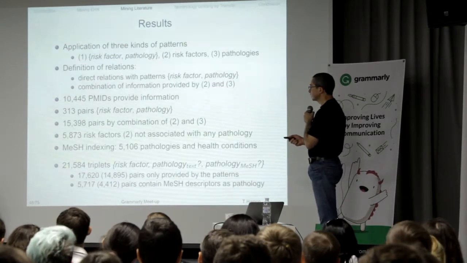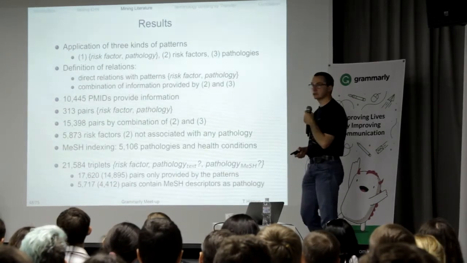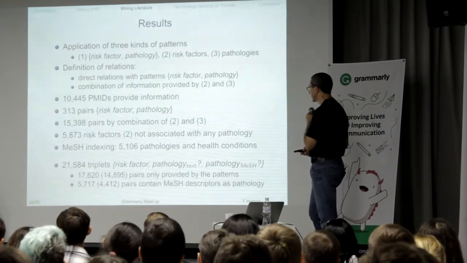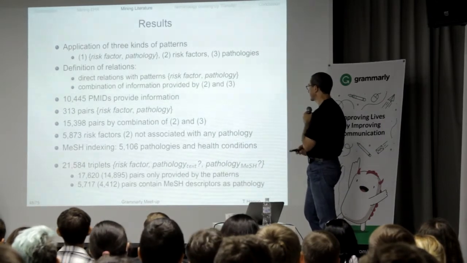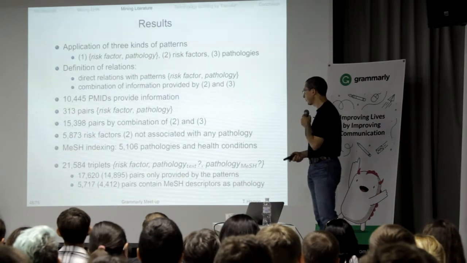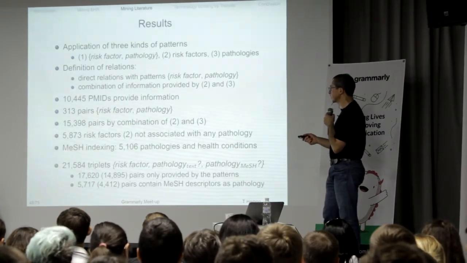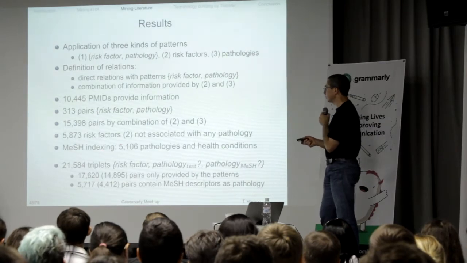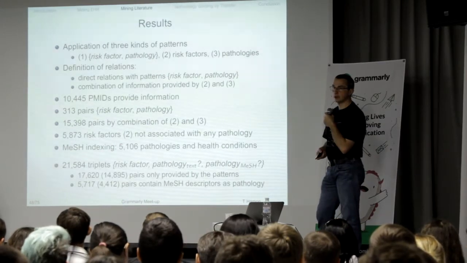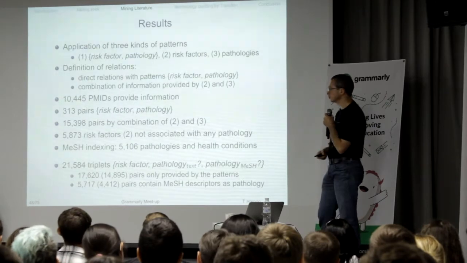There are still about 5,000 to 6,000 risk factors which are not associated with any pathology. And if we only use the MeSH indexing, we only have 5,000 pathologies associated to abstracts.